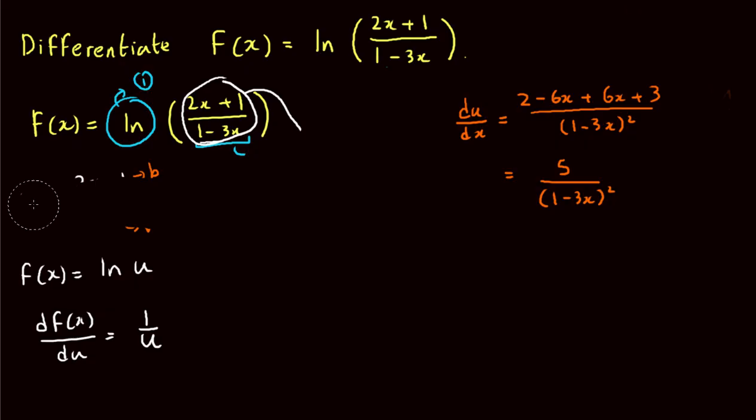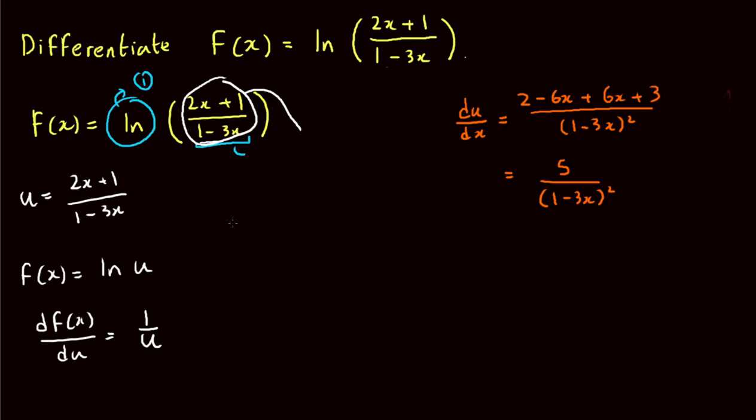Oh, sorry, I didn't mean to erase the u. Let me rewrite that again. So u is 2x + 1 over 1 - 3x, and we've got the derivative.